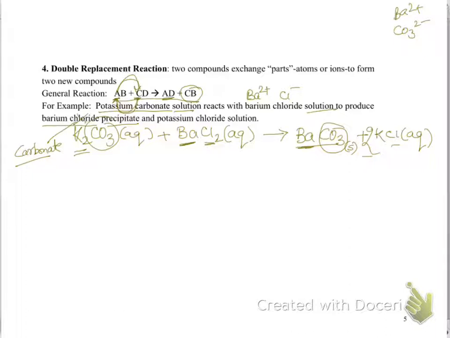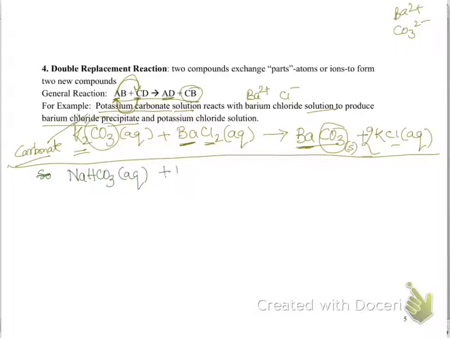Let's take another example. Sodium bicarbonate, it is NaHCO3. Sodium bicarbonate solution, when you add HCl into the sodium bicarbonate, then sodium goes to chlorine's place, hydrogen goes here.